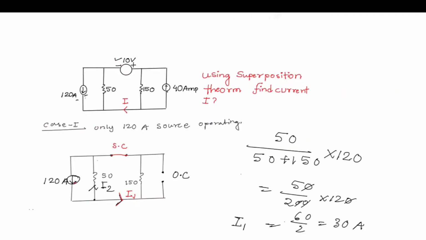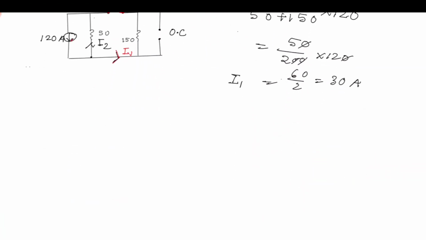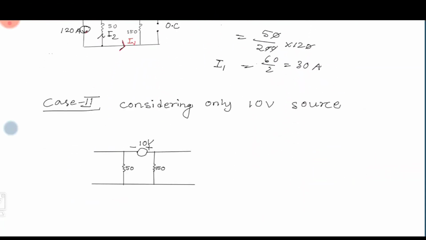Now for case 2 we will consider only this voltage source, and the remaining sources, that is this current source and this current source, will be replaced. Look, this is case 2. We have considered only this voltage source and the remaining sources are converted.